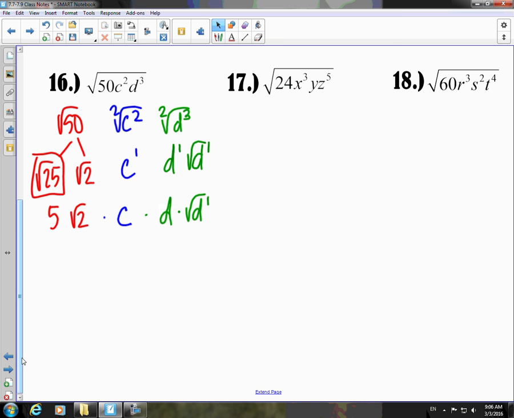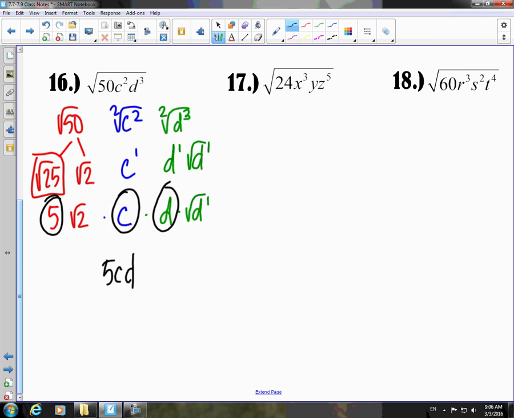So what I'm looking for is all of the numbers that do not have a square root sign to go together on the outside. So 5cd, and the numbers underneath to go together as 2d for my final answer. Okay. So a lot of steps there, just take it piece by piece and then multiply all of your answers together.